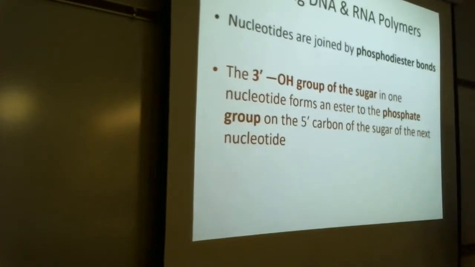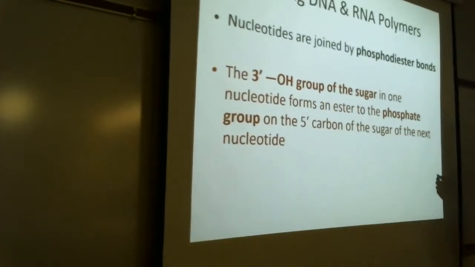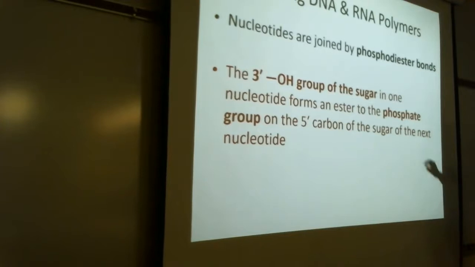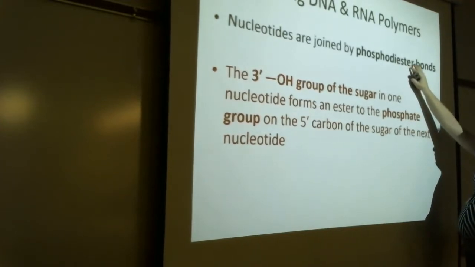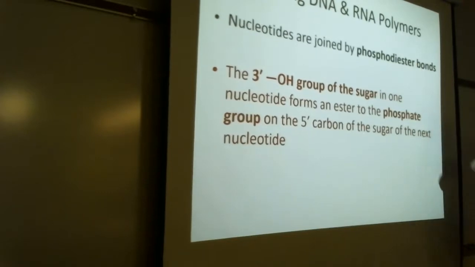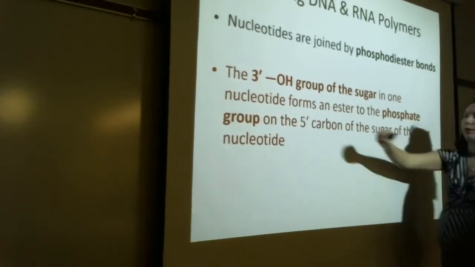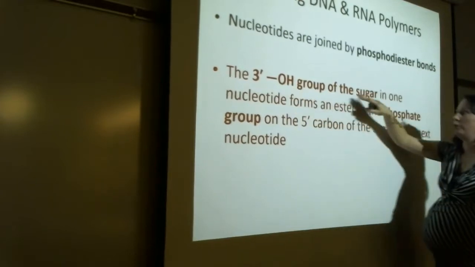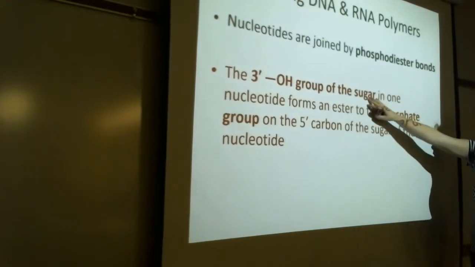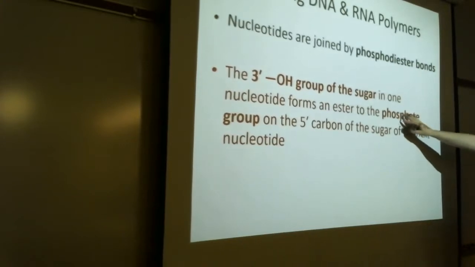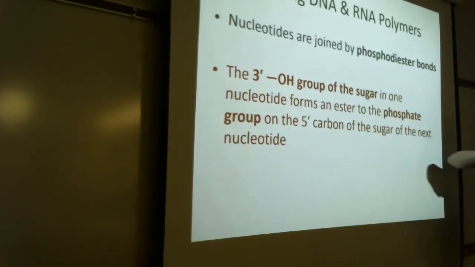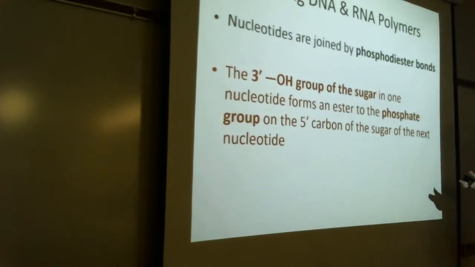Okay, so again, because these are polymers, right, they're repeating units. The repeating unit is the nucleotide. The nucleotides are linked together by what we call phosphodiester bonds. So how does that work? We're looking at the 3' OH group of your sugar, okay, and it's forming an ester to the phosphate group on the 5' carbon of the next nucleotide in line.